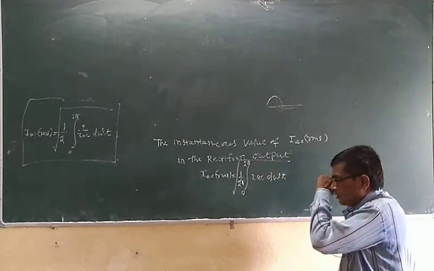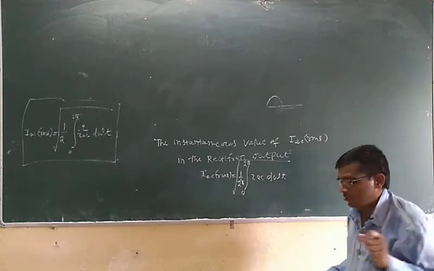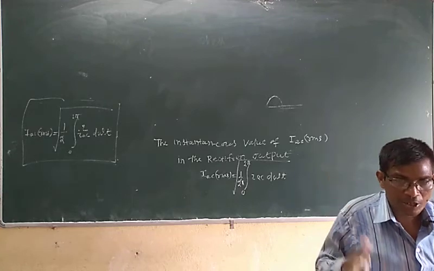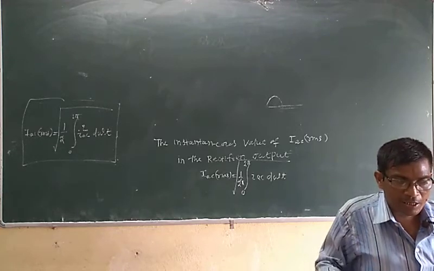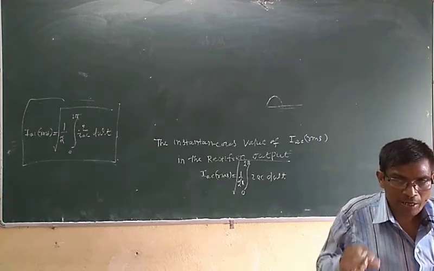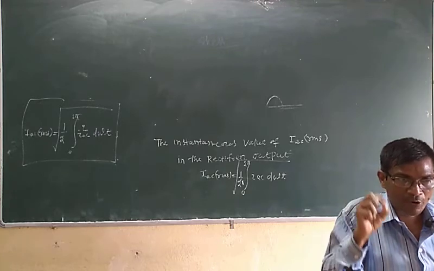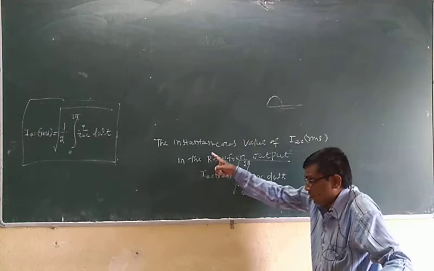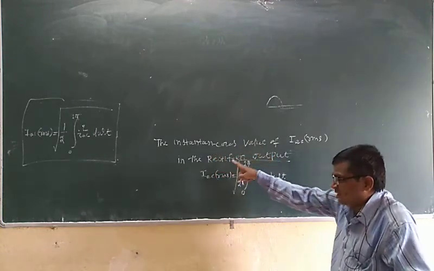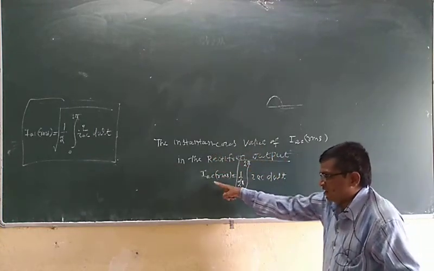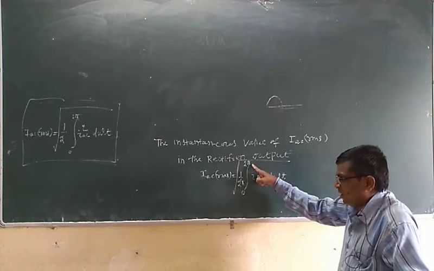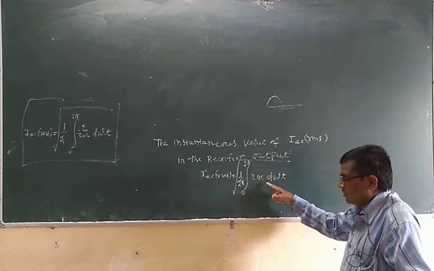Instantaneous value means at any point in the output waveform, the AC component contained in the ripple. At any point we calculate the AC value, the instantaneous value of the rectifier output: I_AC RMS equals root of 1 by 2 pi, 0 to 2 pi, I_AC d omega t.